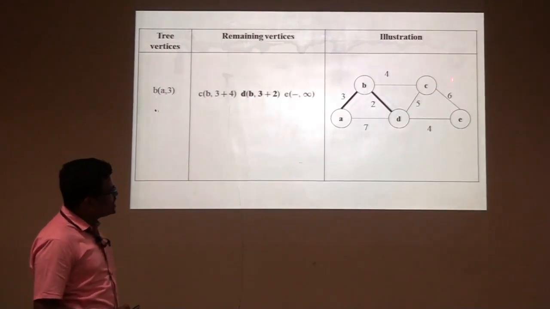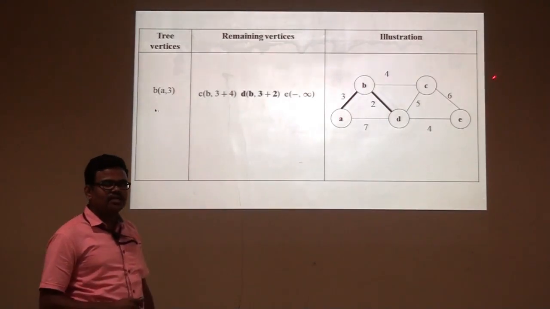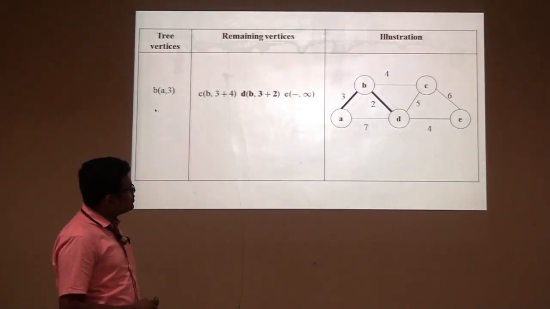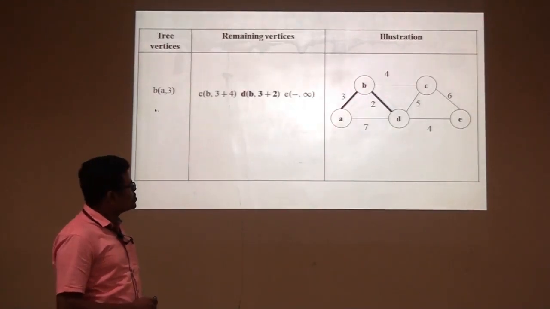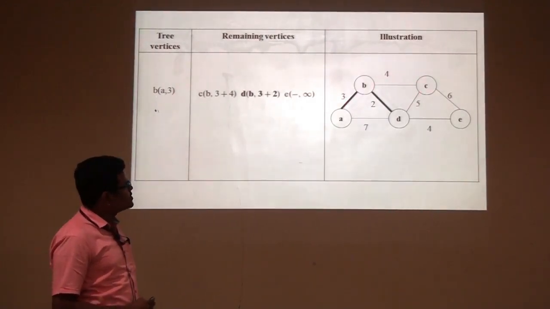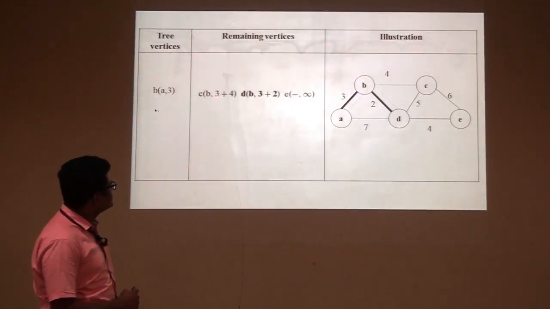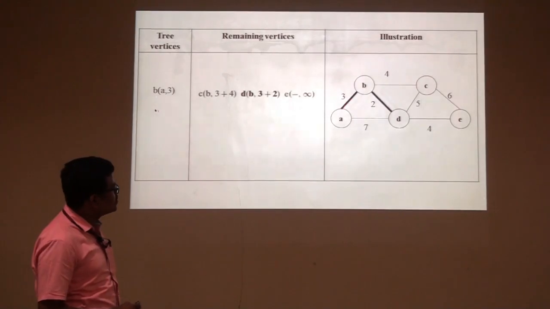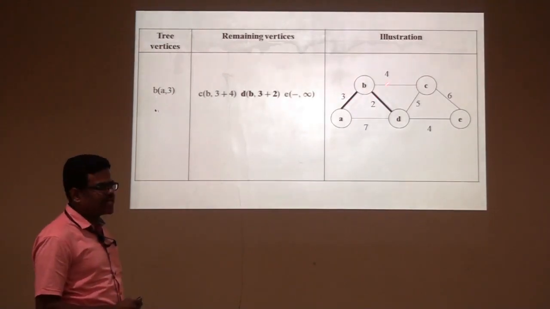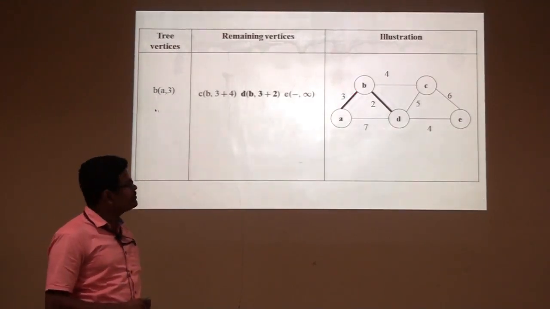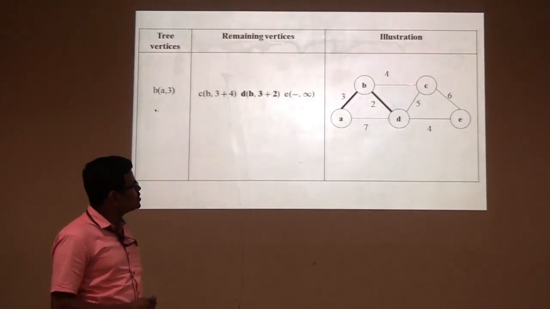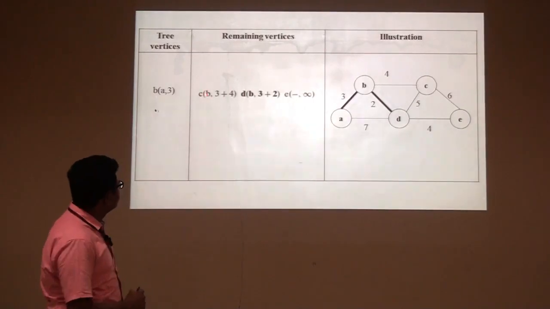For the total path we have to add from the source node. From A to B is 3 and B to C is 4, so we write it as 3 plus 4. When traveling from A to C, the total cost will be 7.